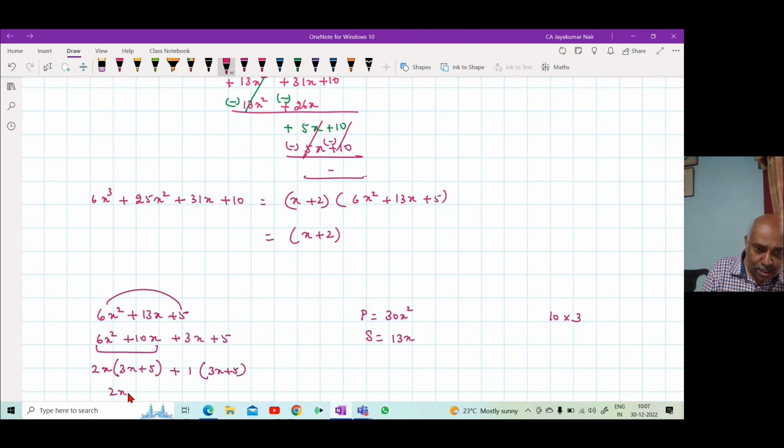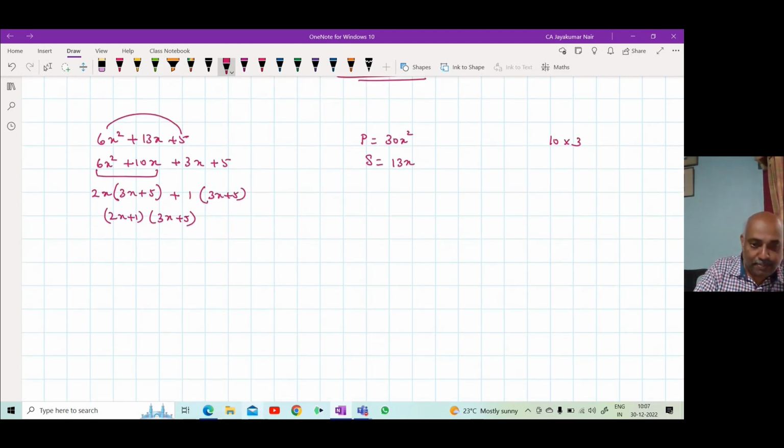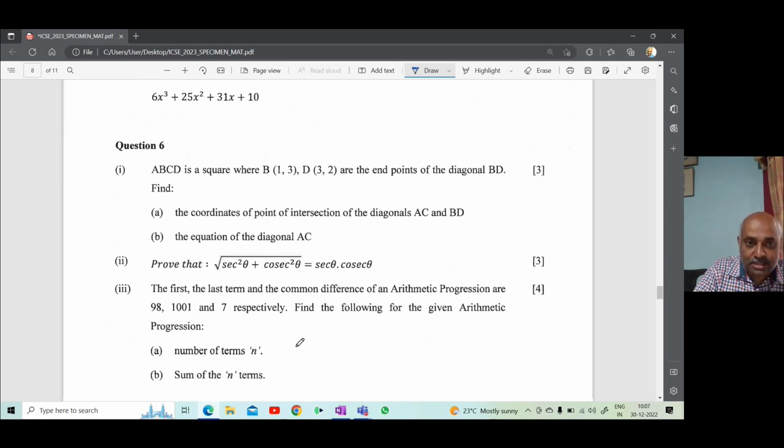So the factors are 2x plus 1 and 3x plus 5. So this we can break it up as 2x plus 1 and 3x plus 5. So this is your answer because they have asked you to factorize it completely. So this question is completed. That means question 5 is over.